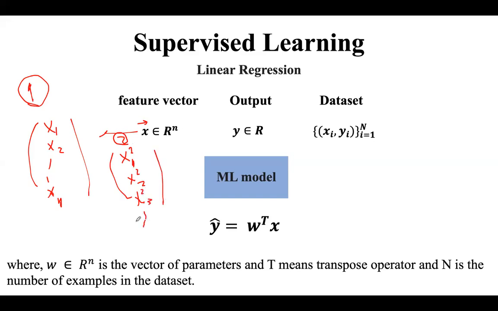And every one of these examples is related to a Y, Y1, Y2. So here you can see the data set. Here I assume that I do have n examples, for which I know what feature belongs to what target. The Y can be called the target or output value.